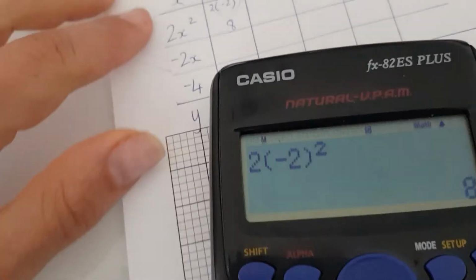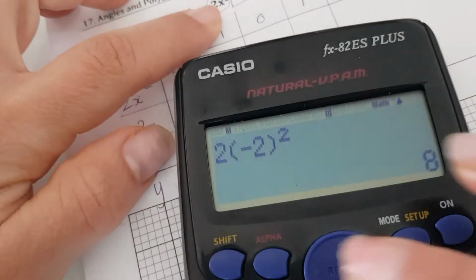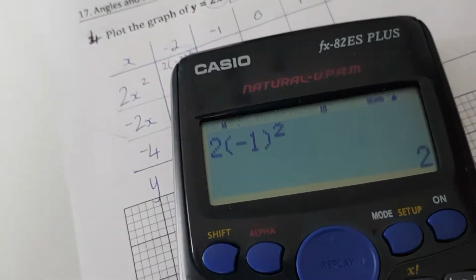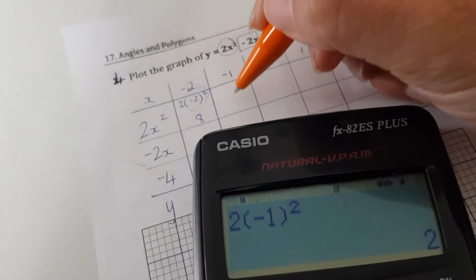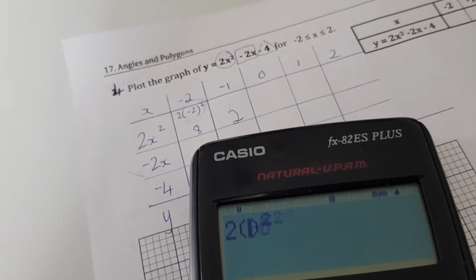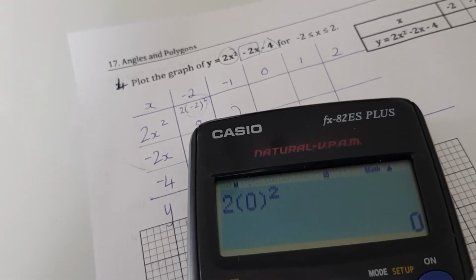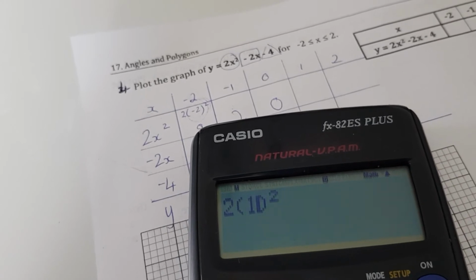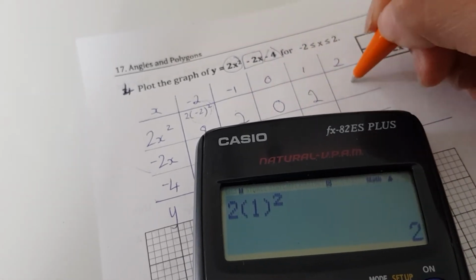Now for this one, instead of x, I write the minus 1. Instead of x, I write the 0. It's a 0. Instead of x, I write 1. Okay, and the other one is 8.